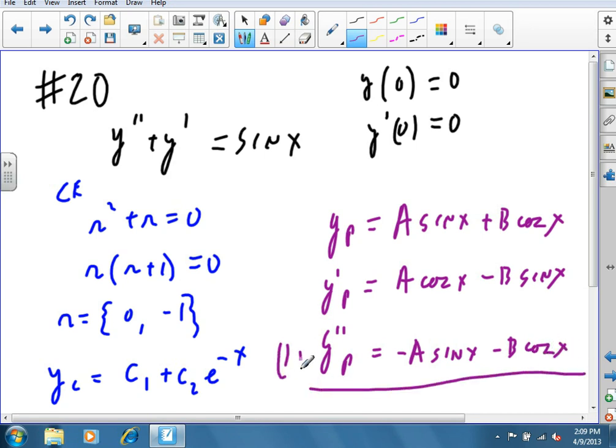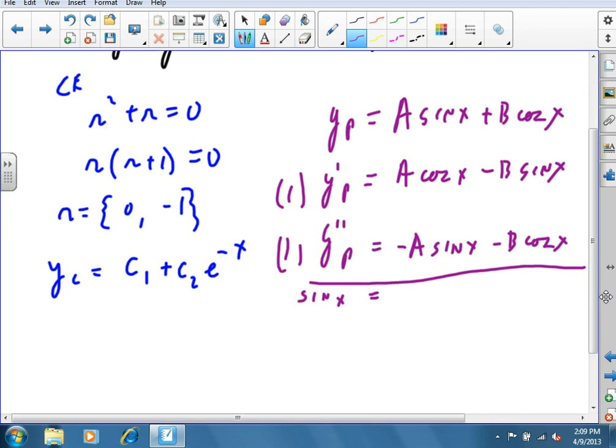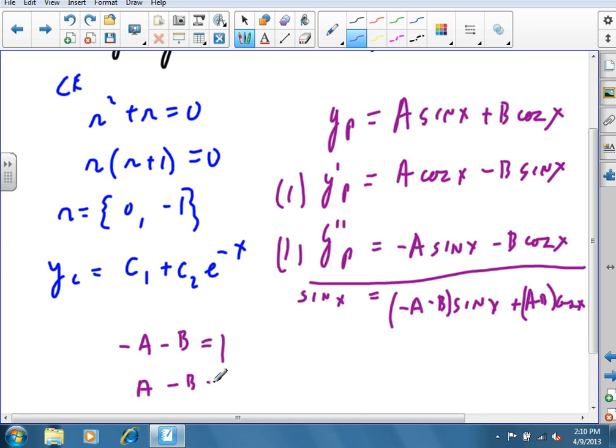When I take one of them and one of them, I'm supposed to have sine left over. Okay, so the sine guy is going to be minus a minus b sine, and the cosine guy is going to be a minus b cosine. So I've got that minus a minus b has to be 1, and a minus b has to be 0.